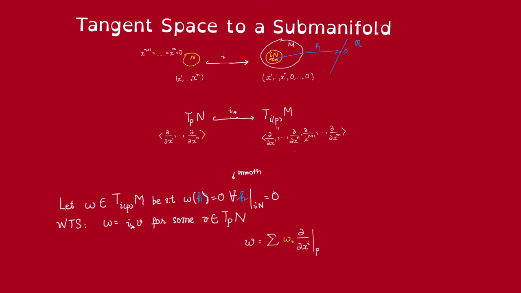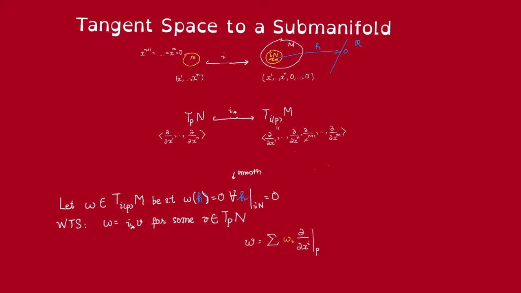Now let's take some local coordinates x_i at p, and we will write w in terms of these local coordinates. Observe though that because N is an embedded submanifold, so it's a regular submanifold, we can actually choose these local coordinates so that N is cut out by the last m minus n coordinates.